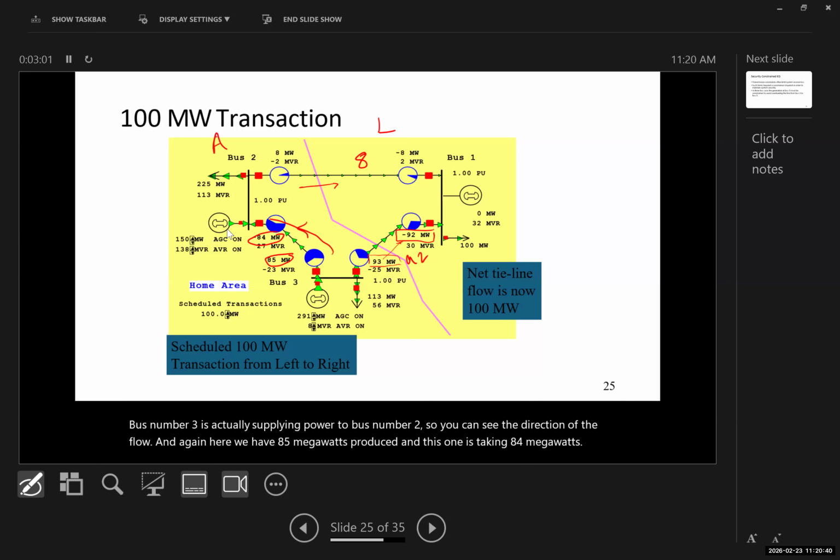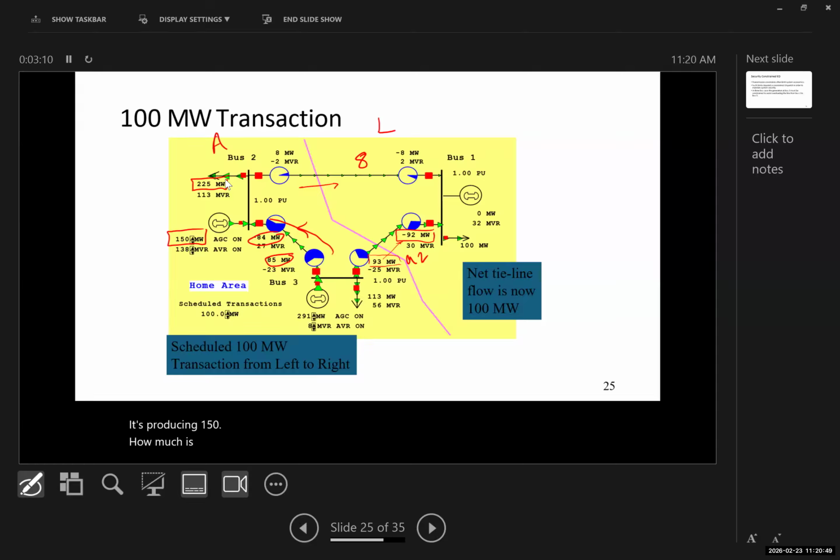Now, how much is bus number 2 producing on its own? It's producing 150. How much is it consuming? 225. How much does it need? 75 megawatts. Am I correct? So it's getting 84 of that here, but from that, it's giving away 8 megawatts.